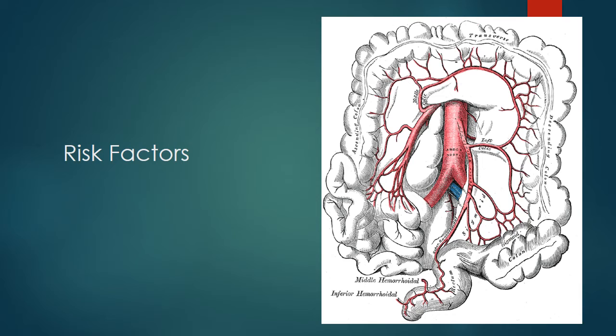Number one risk is any instrumentation involving the aorta or the iliac vessels, particularly repair of aortic aneurysms. They will often involve ligation of the inferior mesenteric artery as part of the repair. These patients are particularly at risk for developing ischemic colitis.